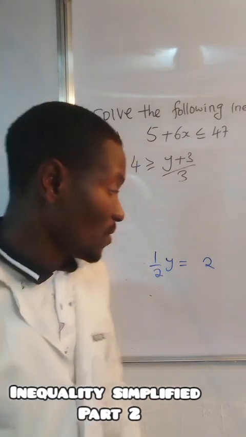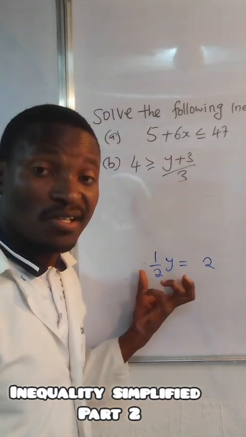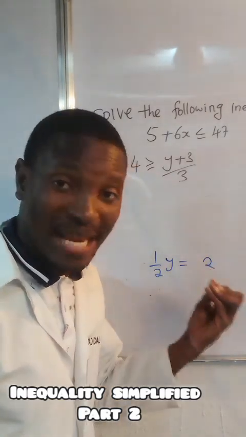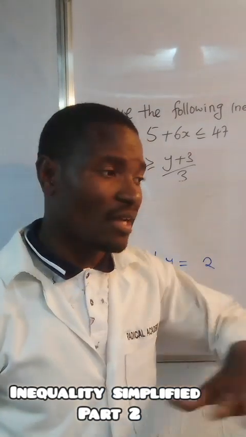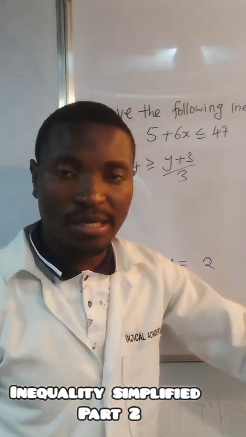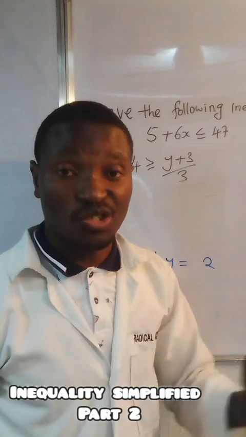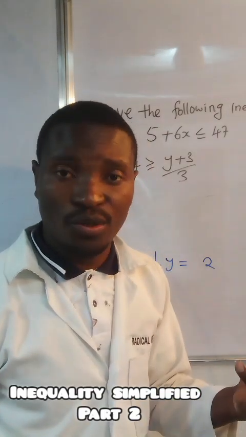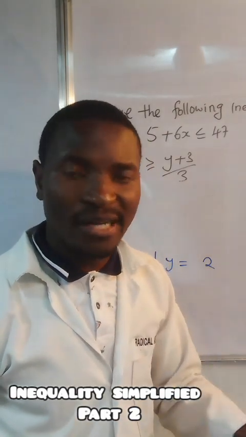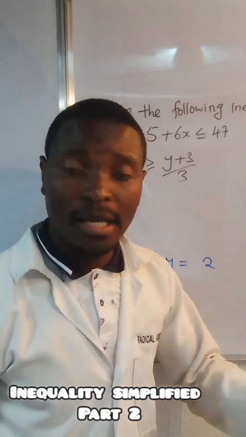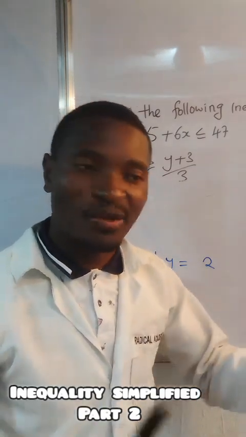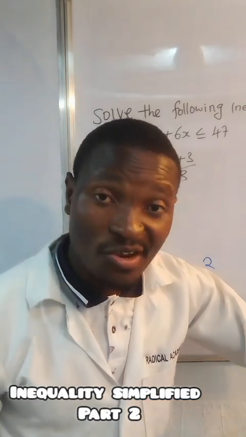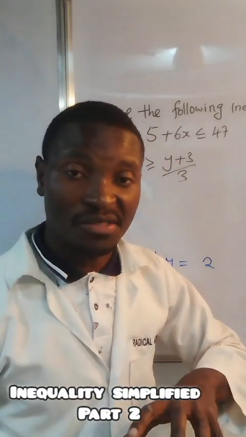Now the idea is this: on the left, it is a fractional term, and on the other side, it is a whole number. It is not a fractional thing. So what are you supposed to do? This is not about inequality, but about understanding how to get rid of the denominator of this fraction.